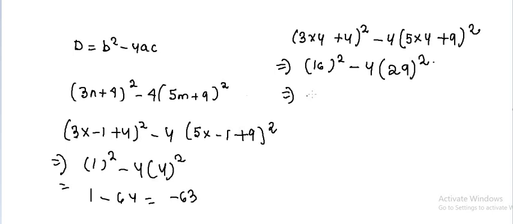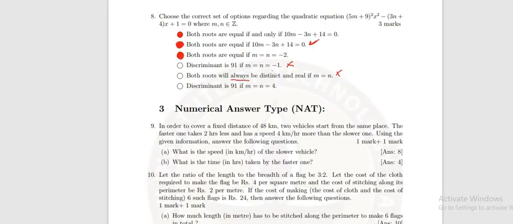So 16 into 16 is 256, and 4 into 29 whole square gives the value of 3364. So nowhere is this result going to be equal to 91, hence the last option is also incorrect.